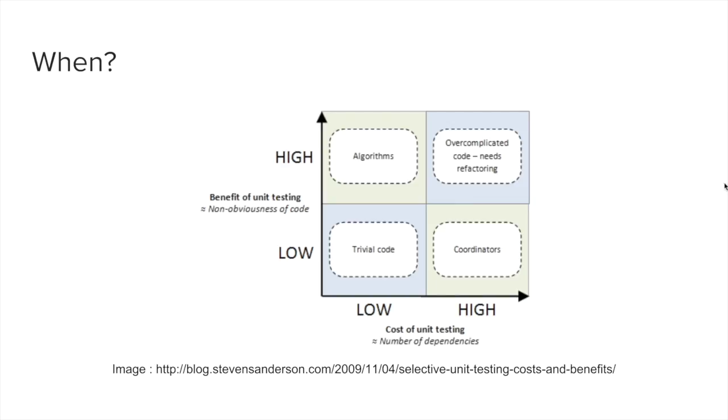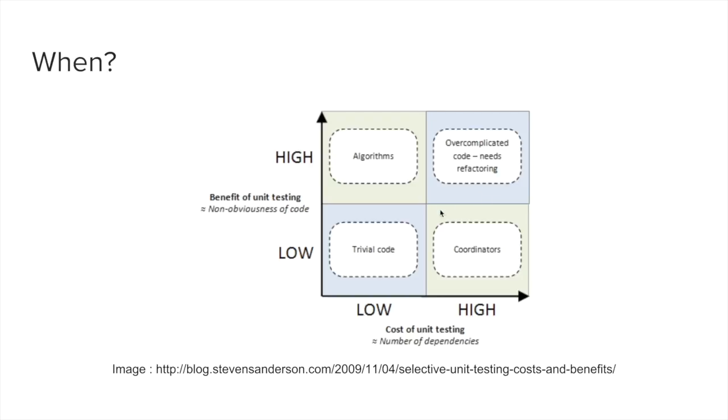So here you can see that the top left is the algorithm code. These are functions that do just algorithms, like basic calculations or something like that, sorting. For this one, the cost of unit testing is really low, but the benefit is really high, so you should do that.